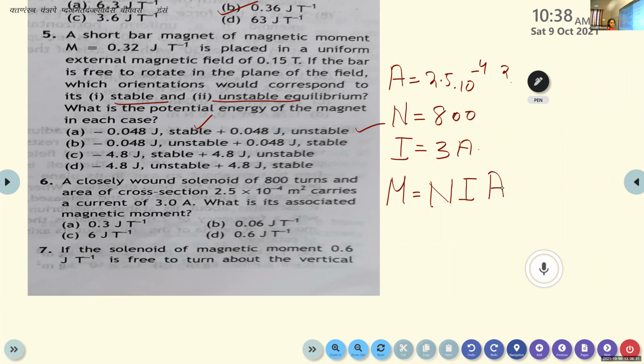Therefore, M is equal to 800 into current 3 into area of cross section 2.5 into 10 raised to minus 4.